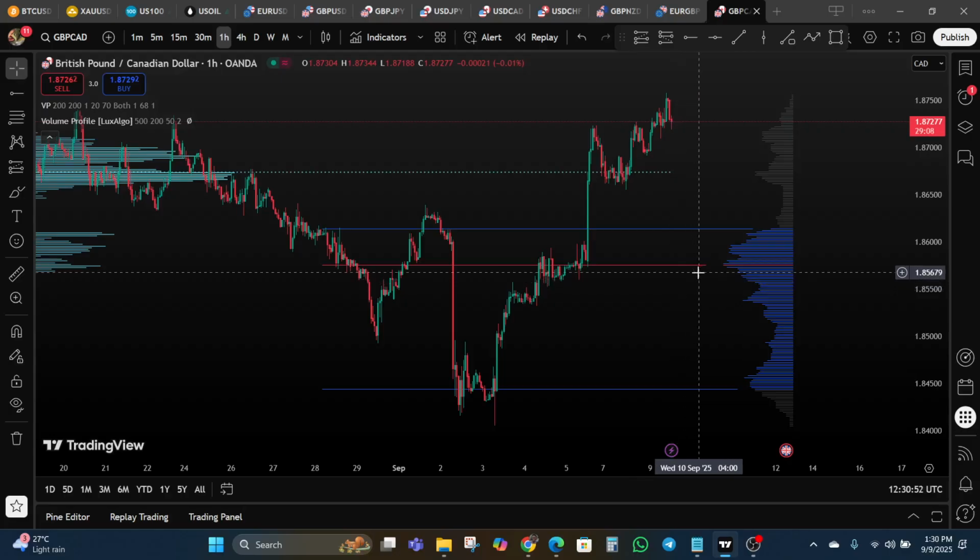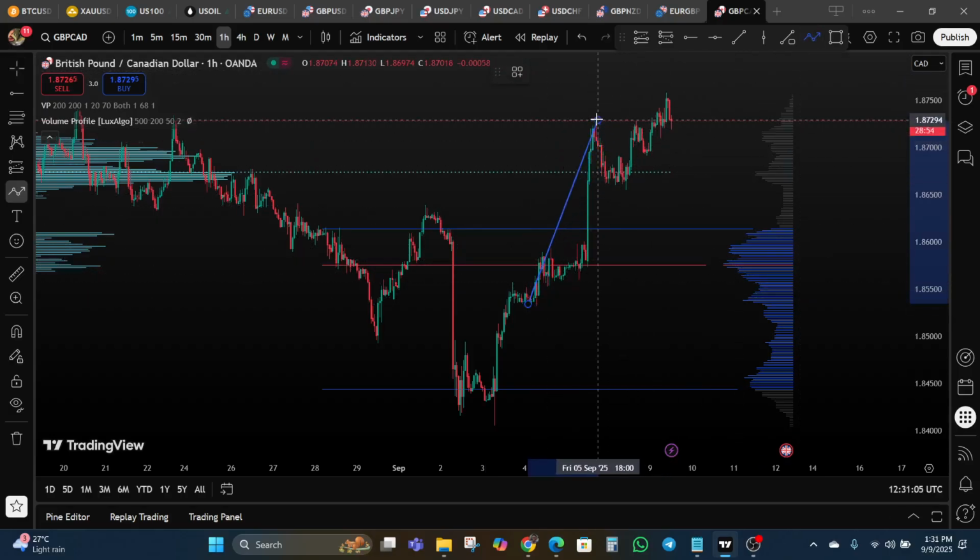Once you have plotted your POC, your point of control, the next step is to identify high probability reversal zones. You have to look for price approaching your POC after an extended move, probably coming down closer towards the zone.